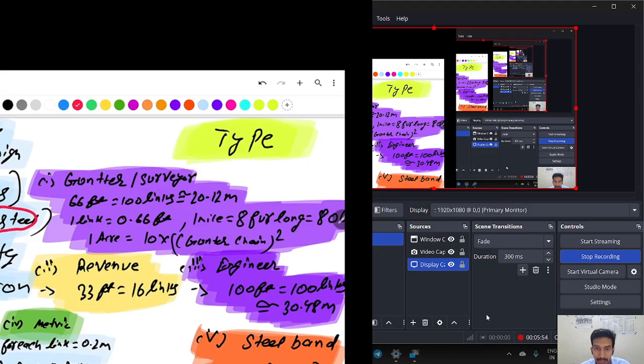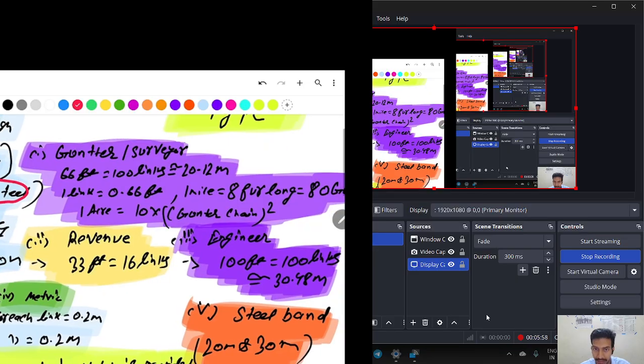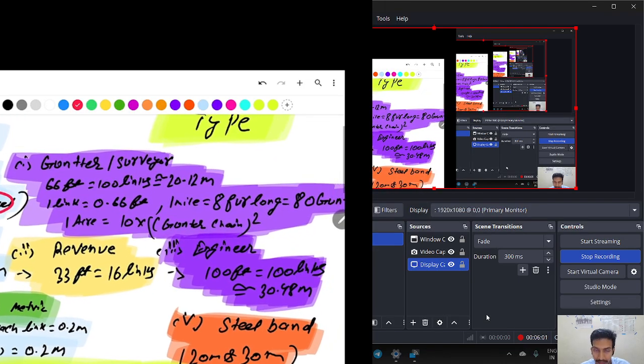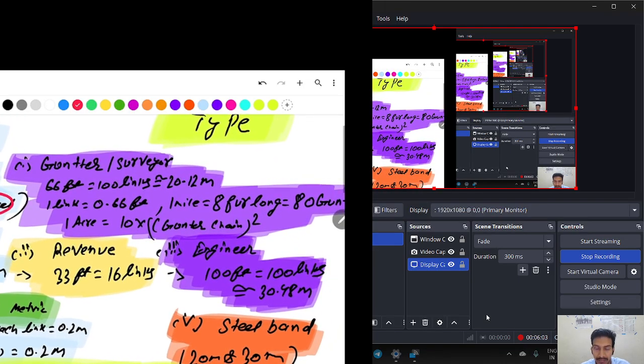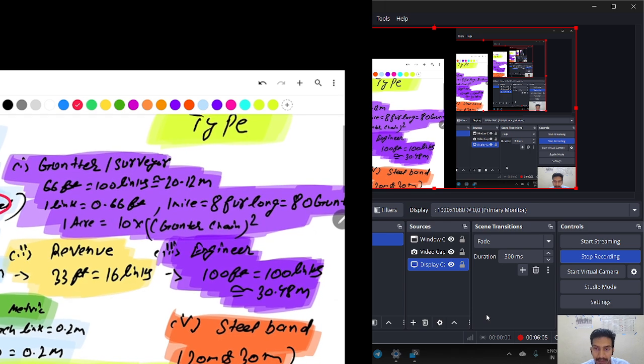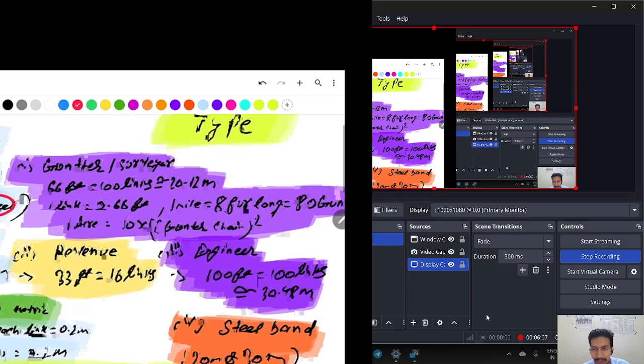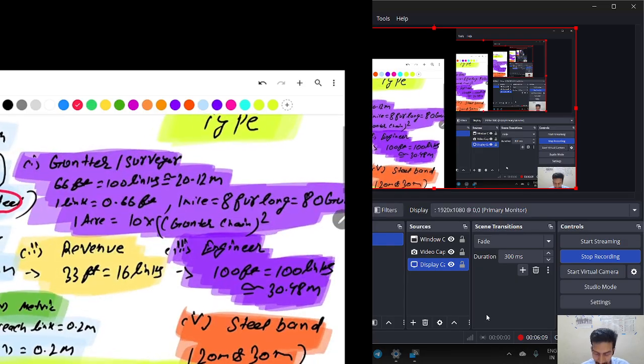Remember, this is the most important. Gunter, surveyor or engineer. Who has the gun? The surveyor. Gunter having surveyor, engineer doesn't require a gun usually.